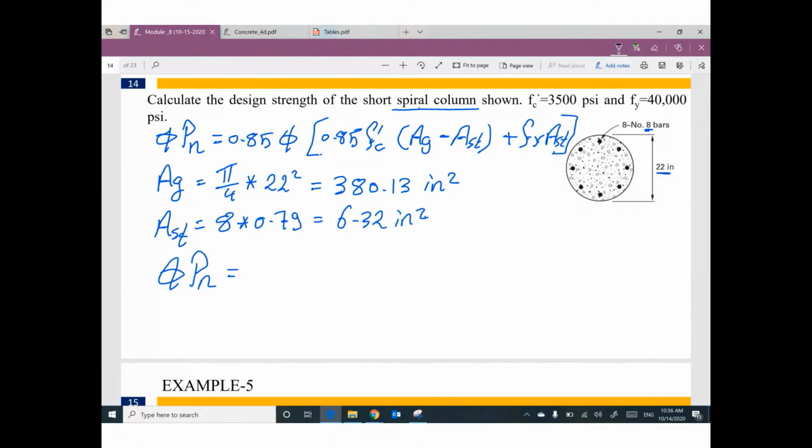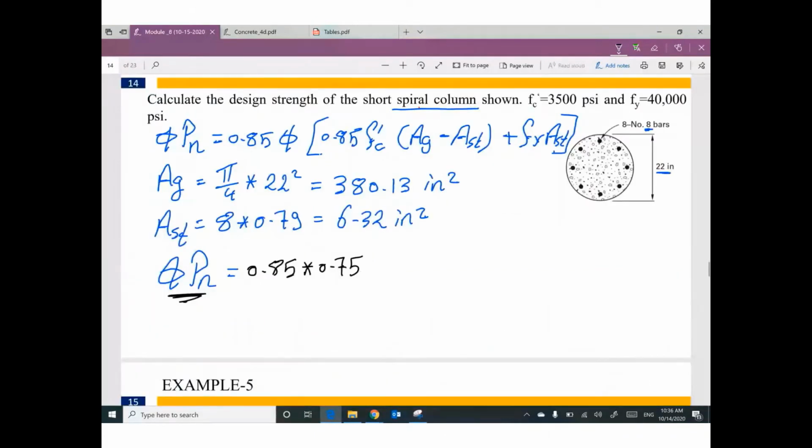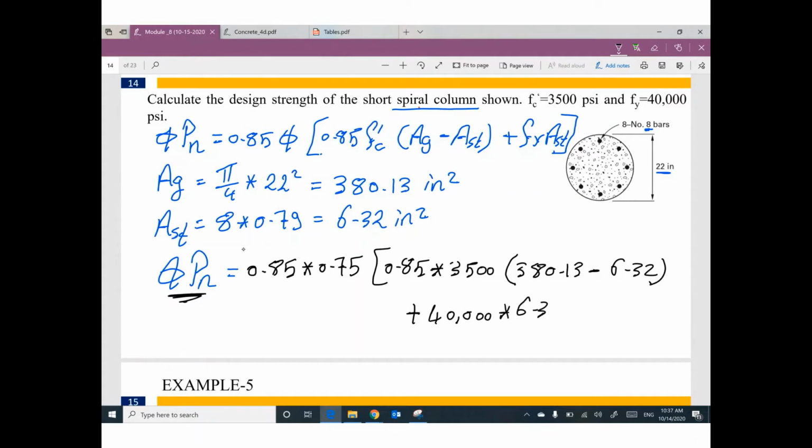Your design strength of the column will be 0.85 times phi 0.75, guys, phi for a spiral column is 0.75, don't forget it, times 0.85 F prime C 3,500, area gross 380.13 minus area steel 6.32, plus F yield 40,000 times area steel 6.32. Your final answer will be in pound.